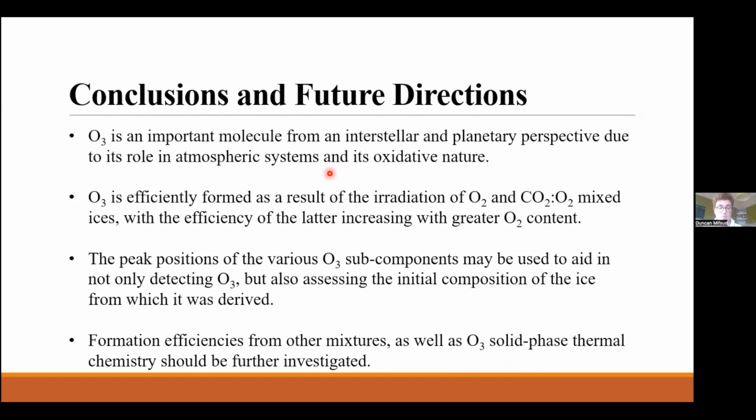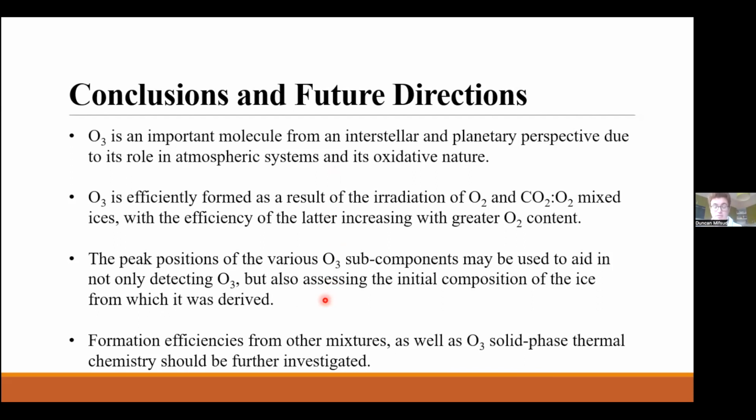We've shown through our experiments that ozone is very efficiently formed as a result of the radiation chemistry of oxygen-bearing ices, mainly oxygen and carbon dioxide, and that the abundance of oxygen within the ice actually contributes to greater ozone formation efficiencies. We also have some preliminary evidence that the position of the various ozone subcomponents is very strongly dependent upon the initial composition of the ice.